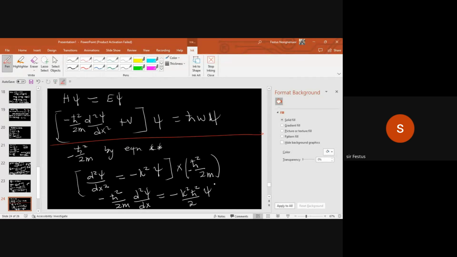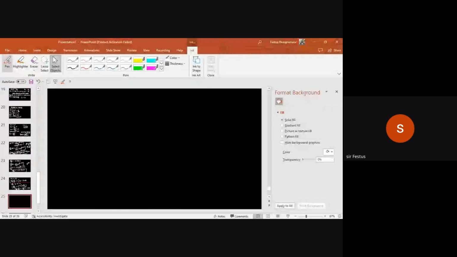Then we have to also multiply the other equation 2 also by iH. Okay, we also multiply that one by iH. So let me give this equation: let's say if this is 1, then also multiply that one by iH. Then that one is dpsi over dt equals minus i omega psi.